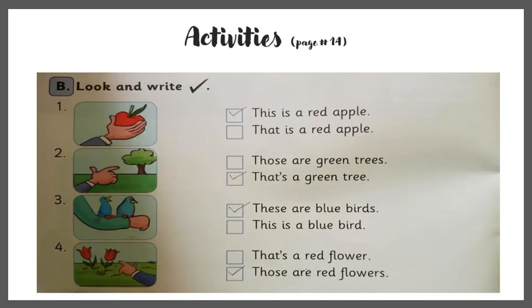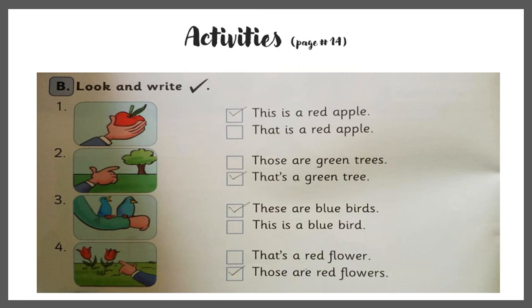This is an activity on page number 14. Look and write. These are the pictures. There are 4 pictures and you have to tick the sentences. The first one is a hand and he is holding a red apple. It's a single apple, one apple. So this is a red apple.